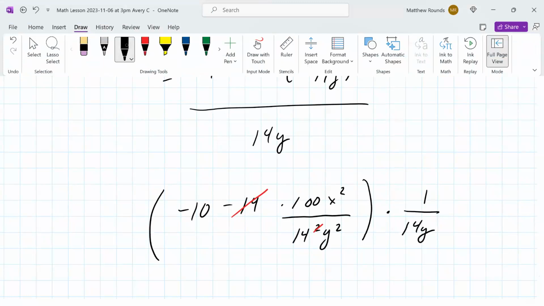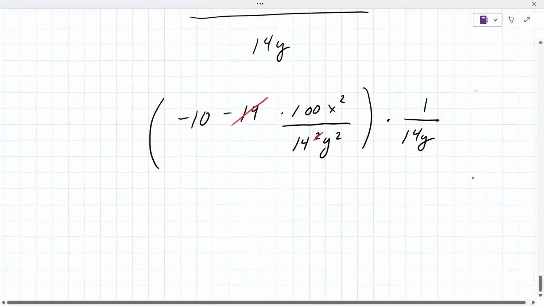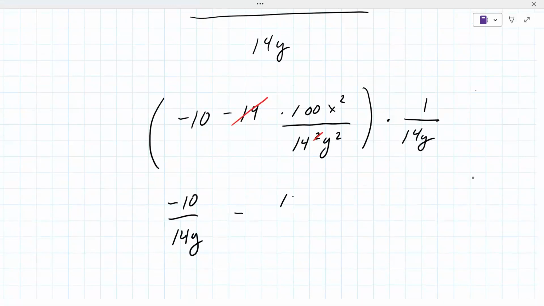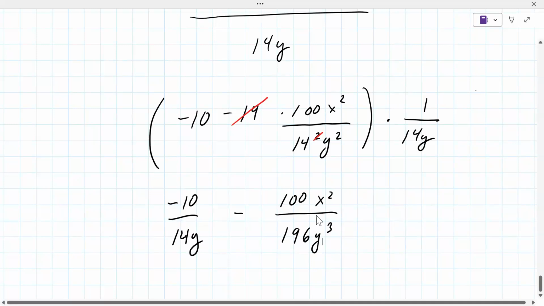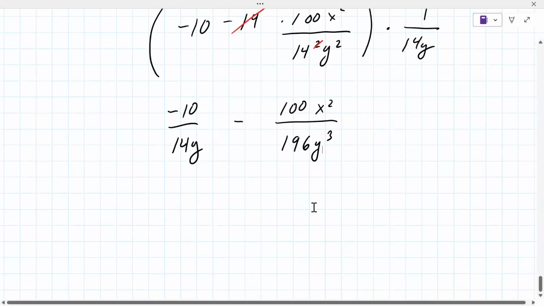So now when you multiply in, you get minus 10 over 14y minus 100 x squared over 196y cubed. Such a nightmare.